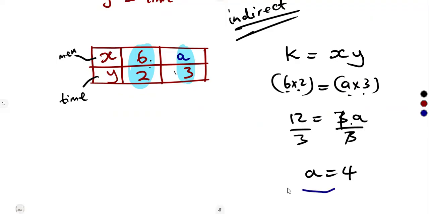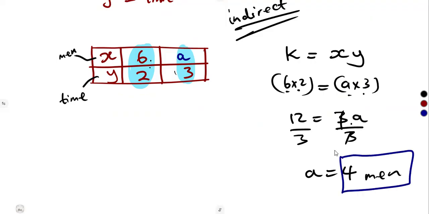What is A representing? The number of men. So we are talking about 4 men. This is the same answer that we got. So 4 men will be needed to complete this job in 3 hours. You can have that as a conclusion.